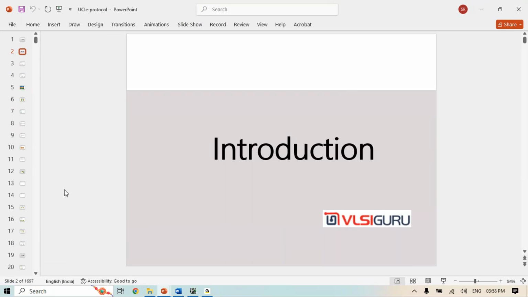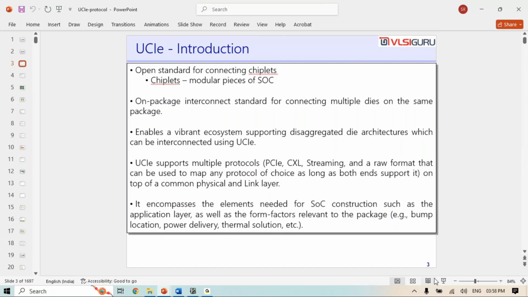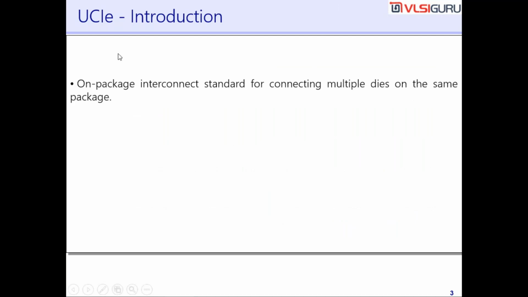Okay, let's start with the introduction of the protocol. Basically, UCI Express is an open standard for connecting chiplets. I'm sure you understand what open standard means: anyone can develop their chiplets using the UCIe protocol, so there is no licensing required. Chiplets are nothing but modular pieces of the SoC.